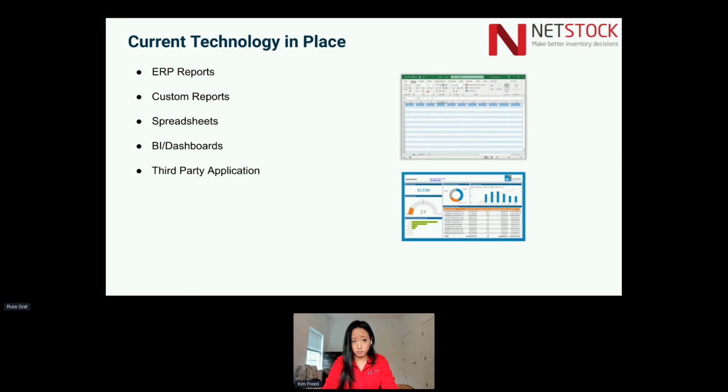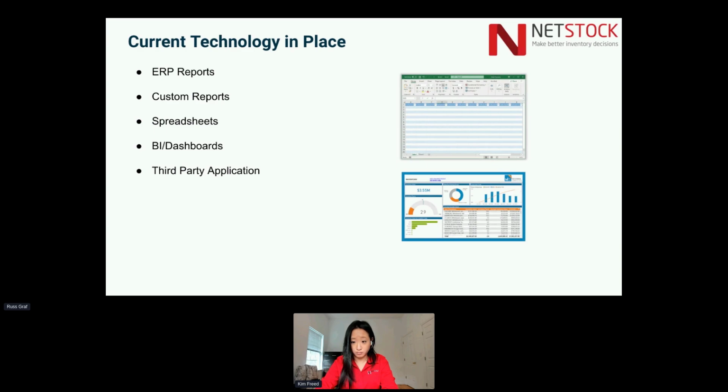Sometimes we see that then extending into BI tools and dashboards, which tend to be a little more interactive, right? So reports tend to be pretty static and you have to rerun them. Spreadsheets can be a little bit more dynamic, but they tend not to be as visual. So now I've got dashboards and business intelligence applications that I can make those things a little more visual, especially for executive level summaries and so forth for folks to get a quick glimpse.